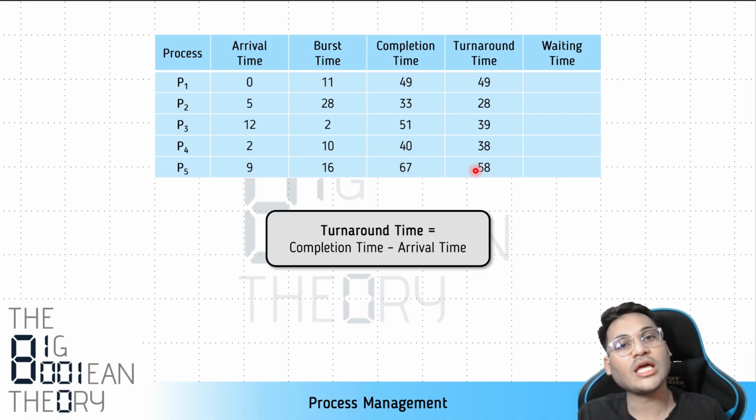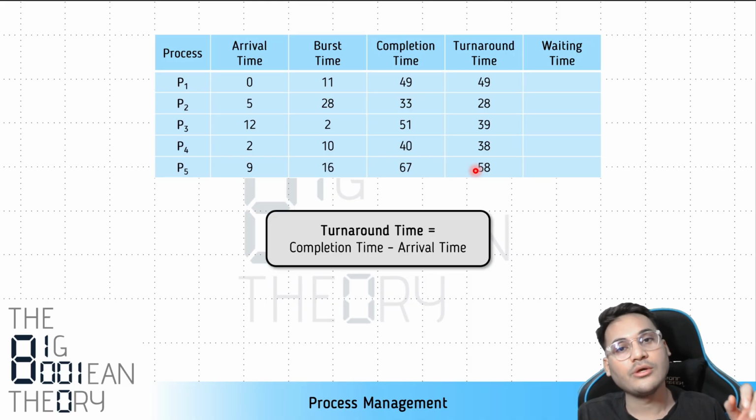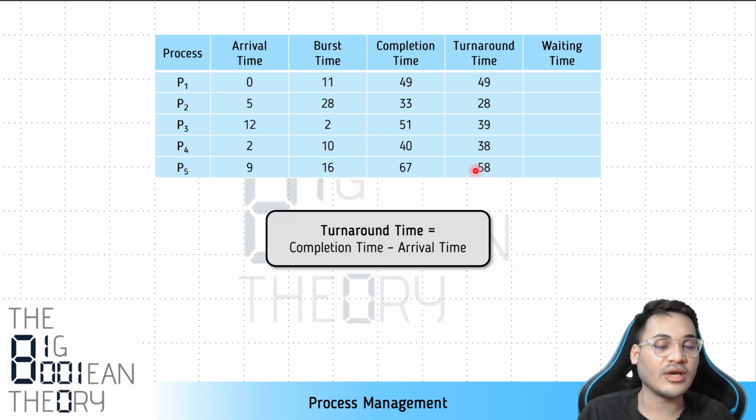And in this turnaround time, there will be two things that the process will be doing. Either it will be executing on the CPU, and that part when it is executing in the CPU is counted as burst time, or it would be waiting for the CPU to be allocated to it. So that part won't be included in burst time, that will be in the waiting time. In this question, we are interested in the waiting time.